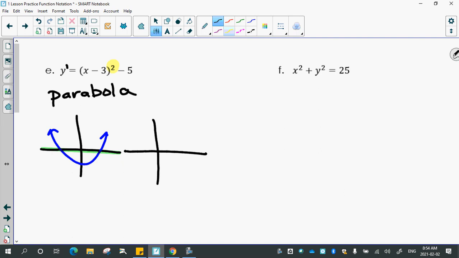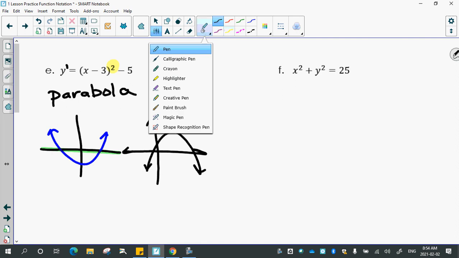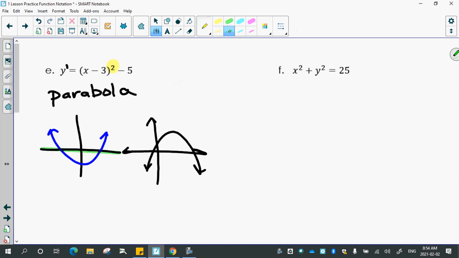And if they open downward, there's only x values, and I'm only ever going to have one corresponding y value again. So if they open up, if they open down, they're functions. So this one, if it opens up, it's a function. Okay.